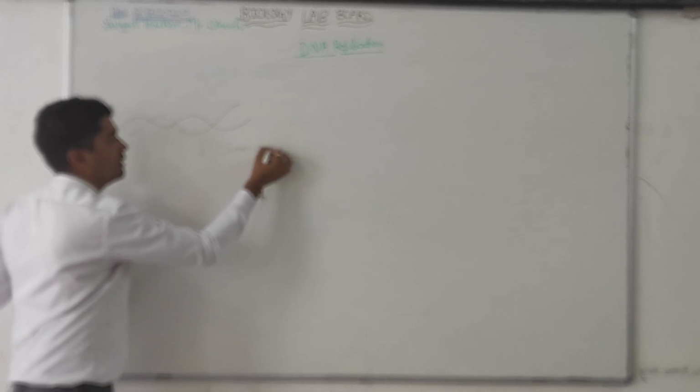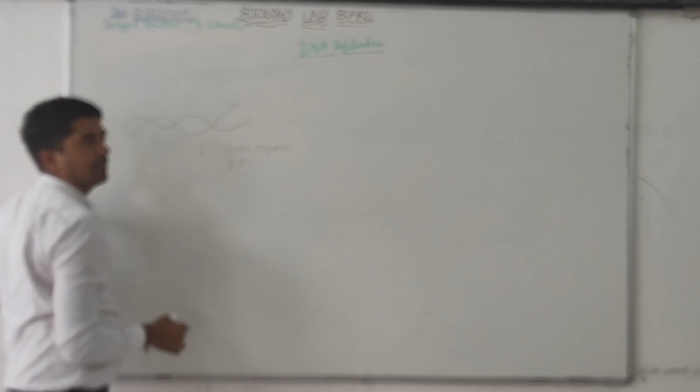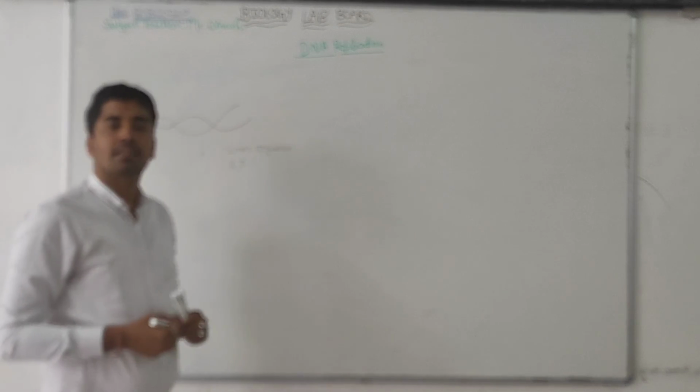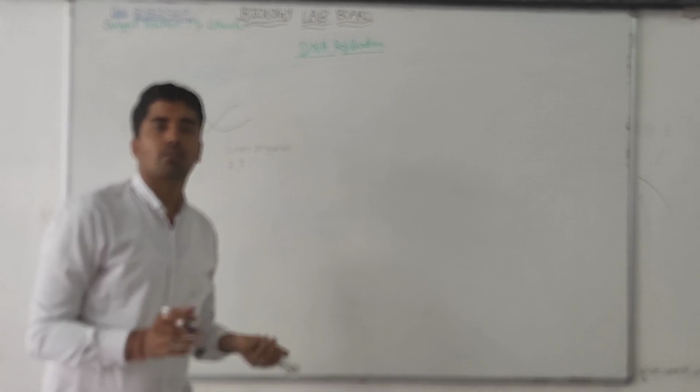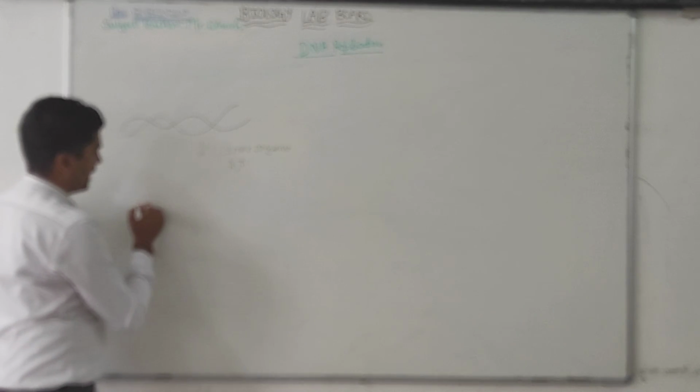It will be rich in adenine and thymine because adenine and thymine have a double bond and they can open easily. So there is a 13-mer sequence and a 9-mer sequence. So this strand will open this way.